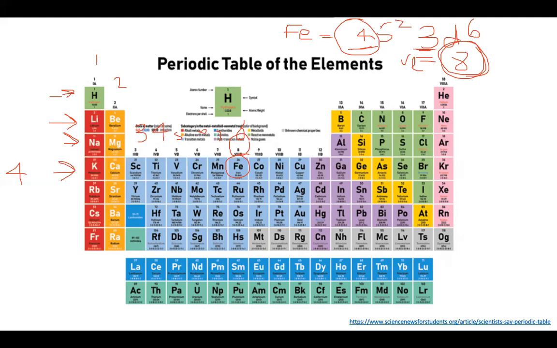If they give you just the valence shell, you can know which element has that valence shell without doing the electron configuration of all the atoms. Just by looking at the valence shell, we can know in which period and in which group it is.